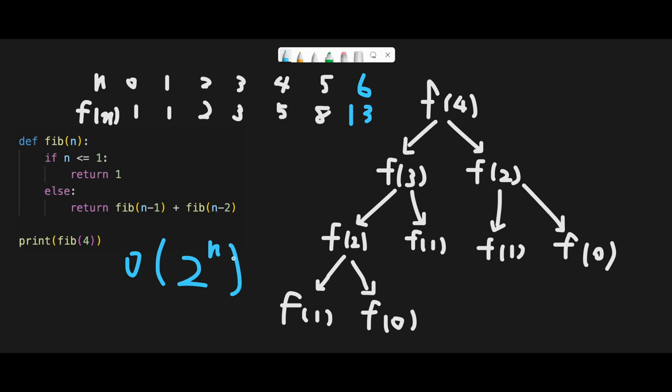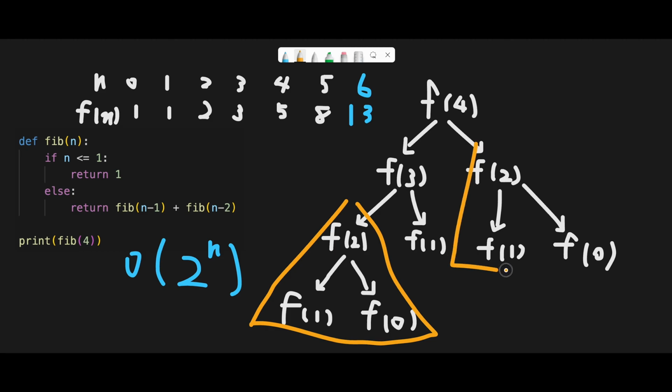That's very time consuming, because look at this subtree and this subtree. These two subtrees have the exact same structure. The root is 2, the left side is 1 and the right side is 0, and again the left side is 1 and the right side is 0.